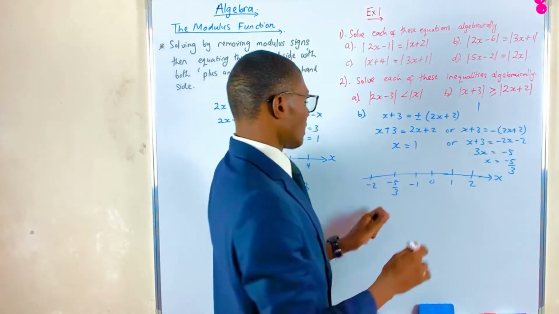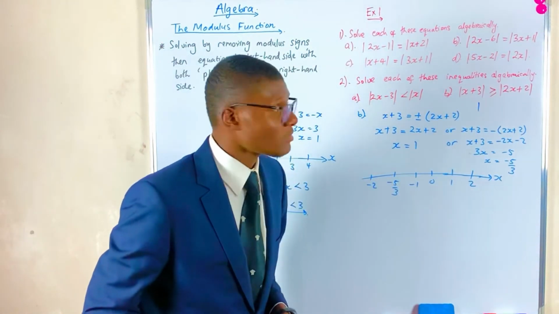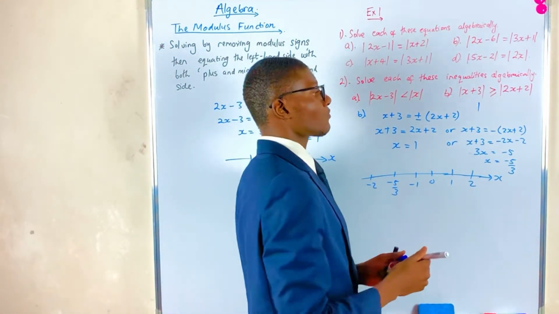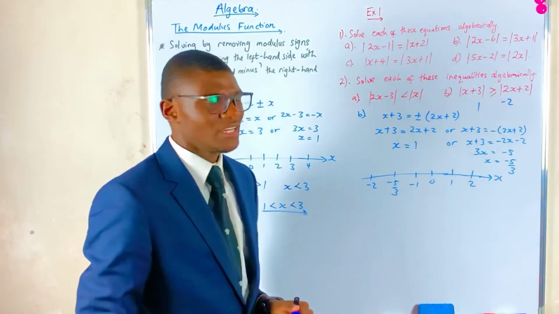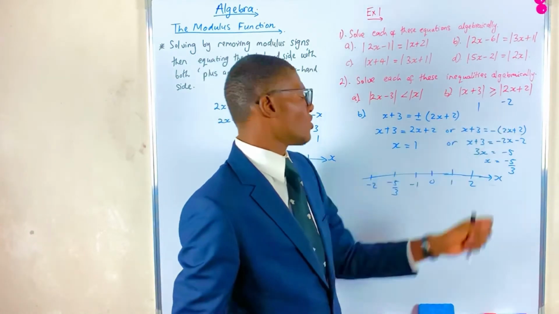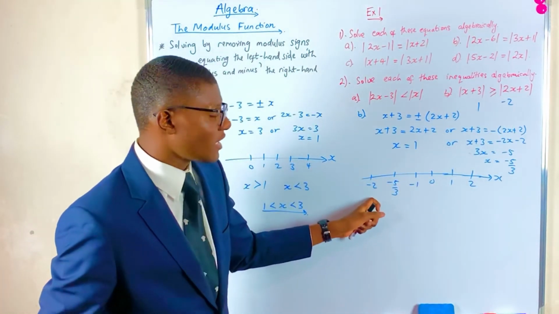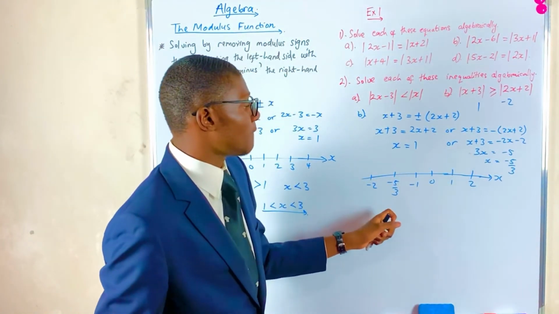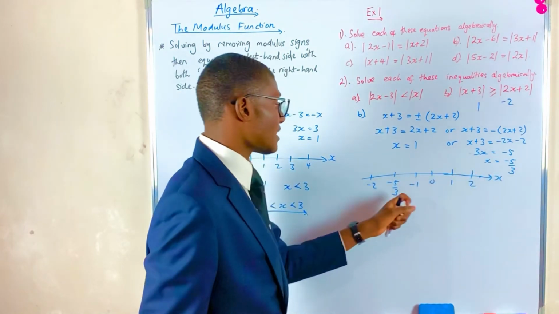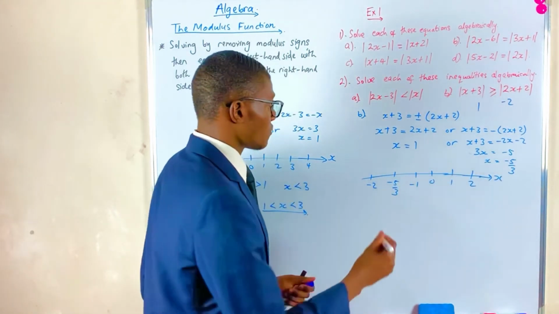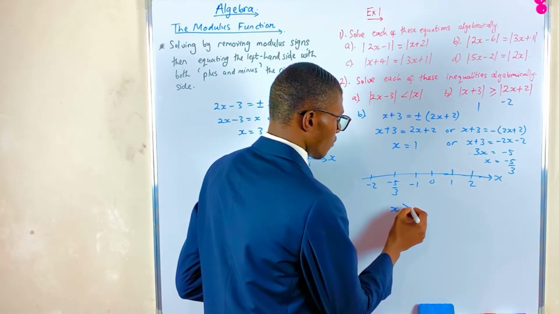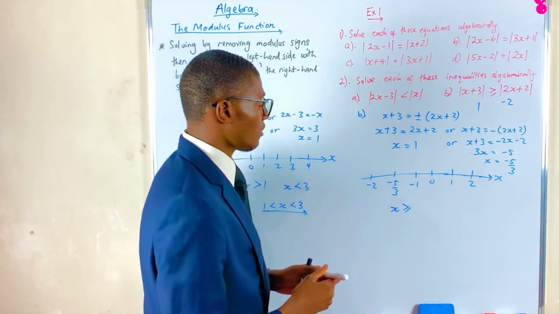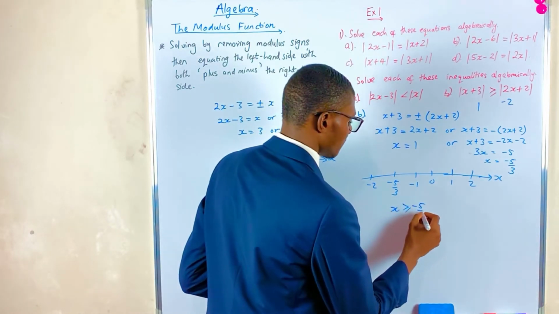And then minus 2 times 2, that's minus 4. Minus 4 plus 2, that's minus 2. So now 1 can be greater than or equal to minus 2. So we don't need any range for x which is less than minus 5 over 3. So we need x to be greater than or equal to minus 5 over 3.